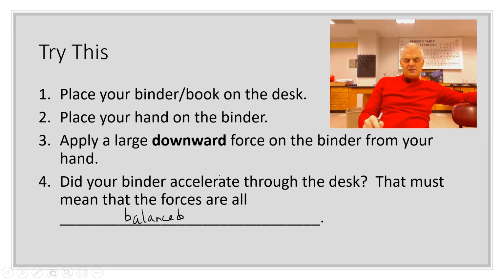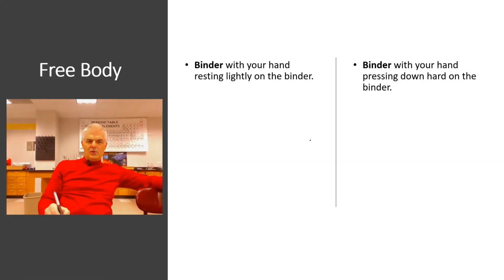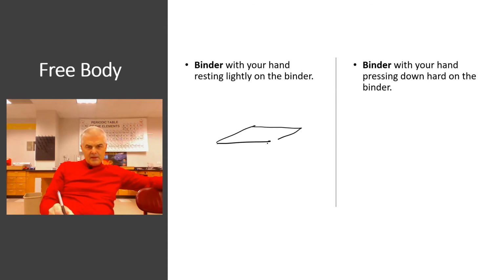Because in the first case, I'm just resting my hand on the book. In the second case, I am pushing hard on the book. So let's think about it. Let's draw a picture, our free body diagram. So we've got a book on a table.